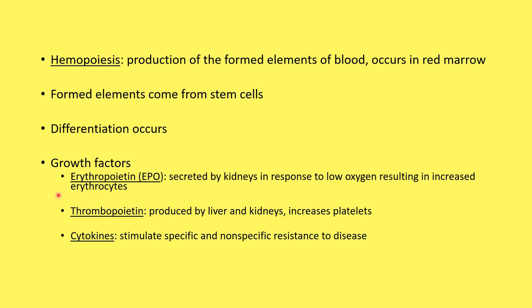So if you have low oxygen, how are we going to get that oxygen level up? Well, the oxygen needs something to bind to, so increase the red blood cells. Thrombopoietin is also produced by the liver and the kidneys, and this is going to increase the platelets. Cytokines, these will stimulate both what we call specific and non-specific resistance to diseases.